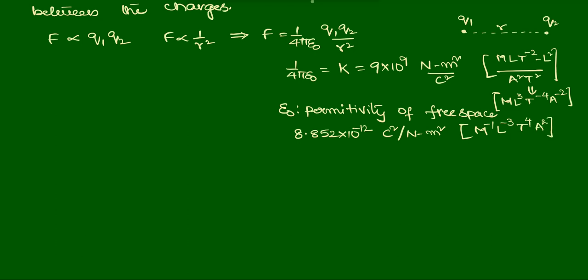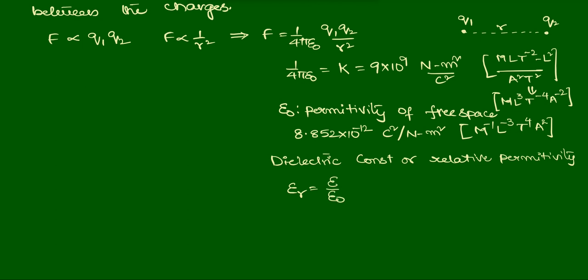And here we will define one more quantity, the dielectric constant or relative permittivity. Relative permittivity will be represented with epsilon r, and that will be epsilon by epsilon naught.